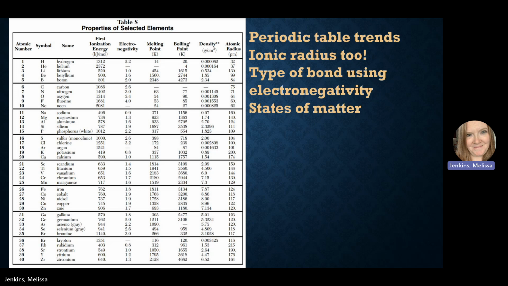As I go across a period, what happens to the metallic character? Am I going toward the side with metals or away from the side with metals when I go this way? I'm getting away from them, right? Which means the metallic properties would decrease, right?